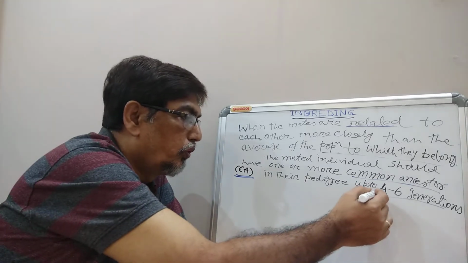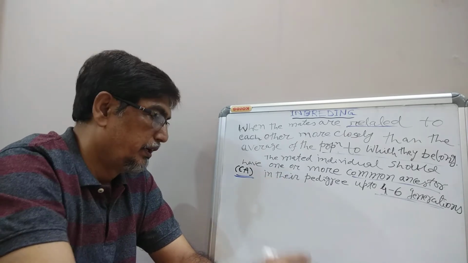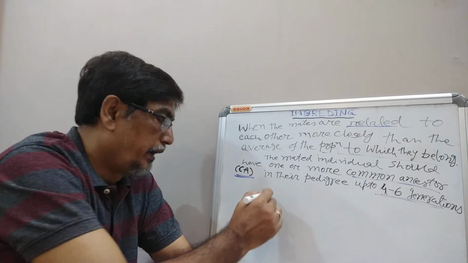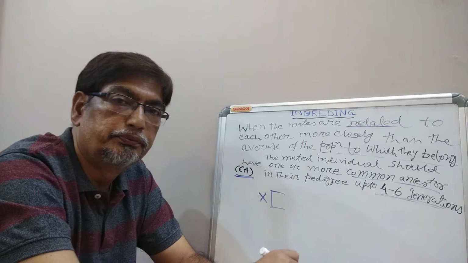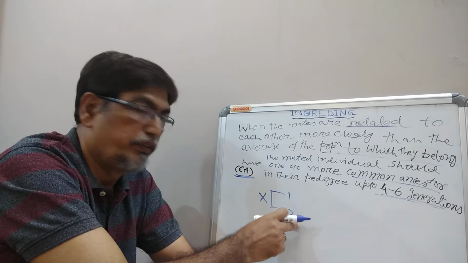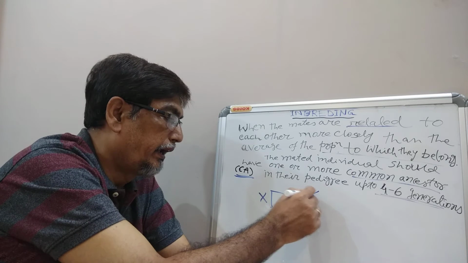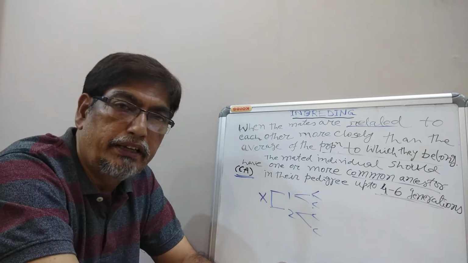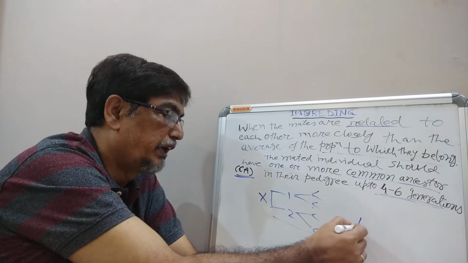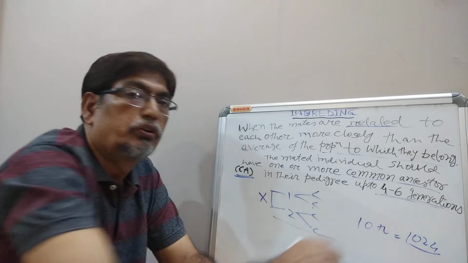Suppose an individual X has two parents, one male and one female, 4 grandparents, then 8 great-grandparents. Going up to 10 generations, there will be 1024 ancestors.